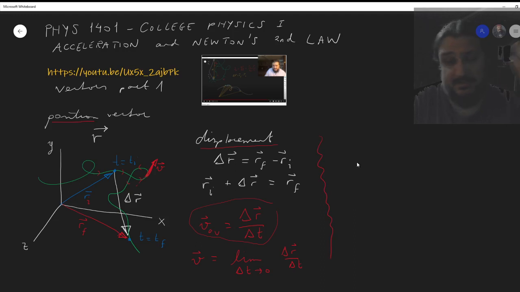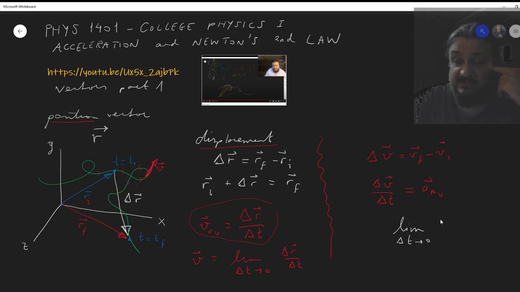So the change in velocity means delta v, right? V final minus v initial. If you divide it by the change in time, delta t, that gives you the average acceleration. And what happens if you do the same limit process? Look at the motion within smaller and smaller time intervals.